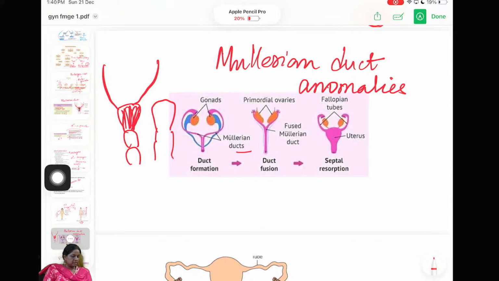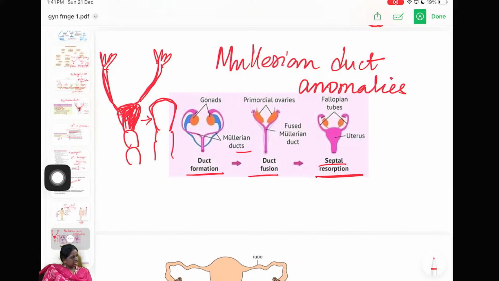The two unfused parts will be the fallopian tubes. Once it fuses, the fused part should resolve to form a cavity. So, septal resorption. You understand?